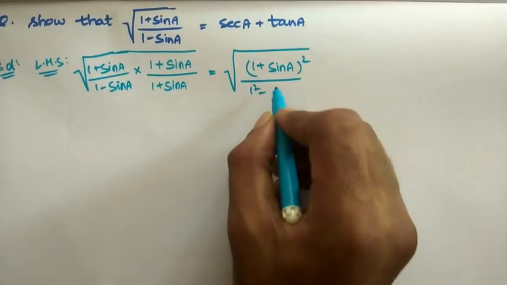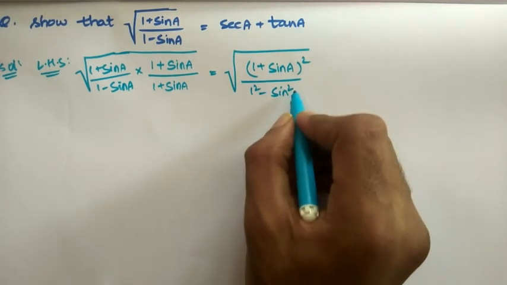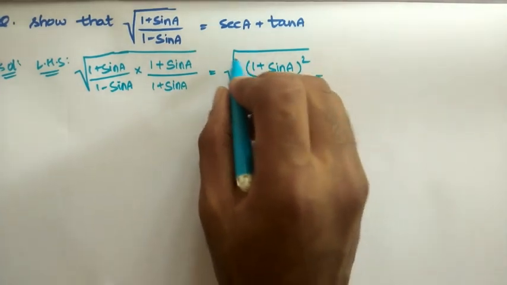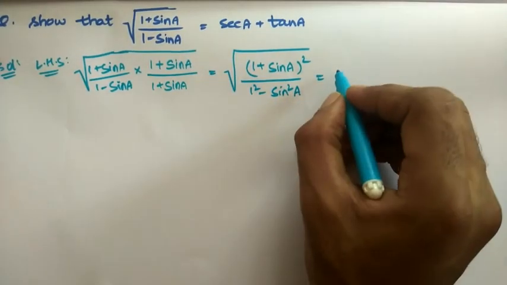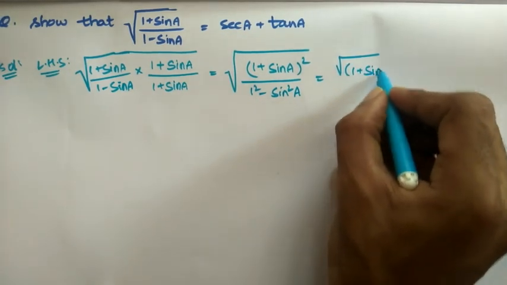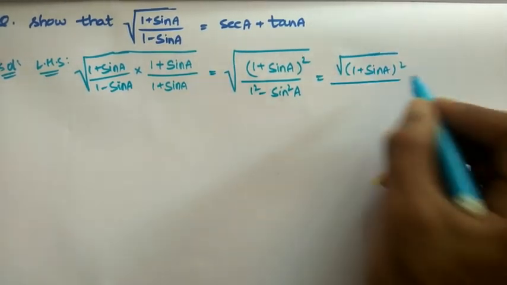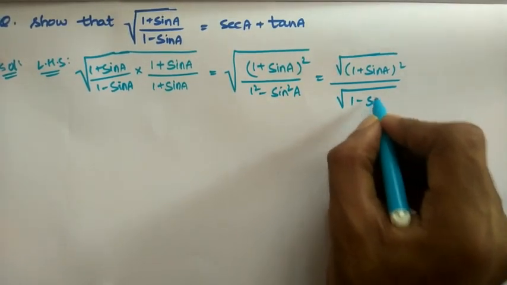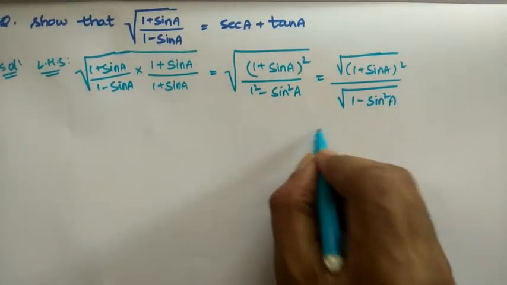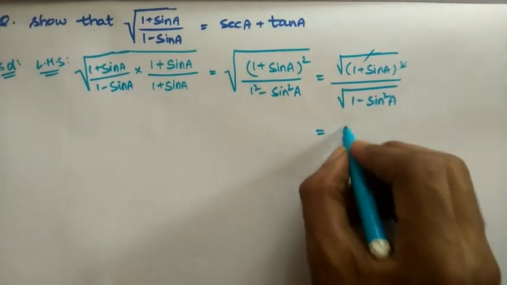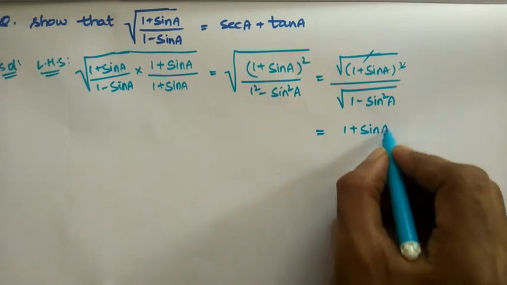So it will be 1 square minus sin square A. Split this root to the numerator and denominator. The square and root get cancelled out in the numerator, and it will be 1 plus sin A.